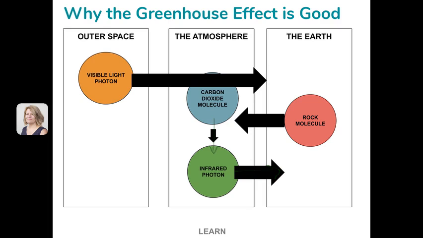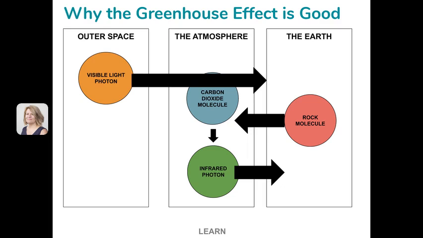That makes greenhouse gases like carbon dioxide very important to us. If we did not have that small amount of carbon dioxide and other greenhouse gases in the atmosphere, it would be an ice age on Earth. Those gases help to maintain the Earth's temperature at a comfortable level.